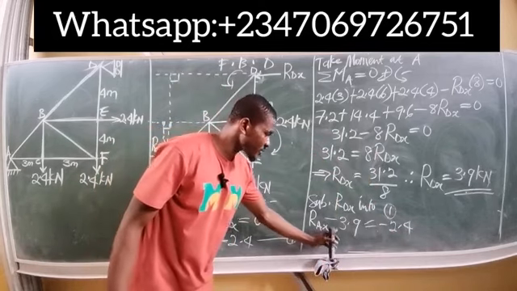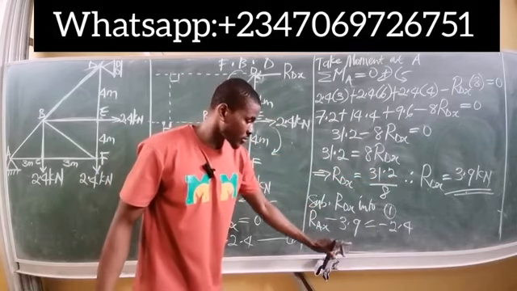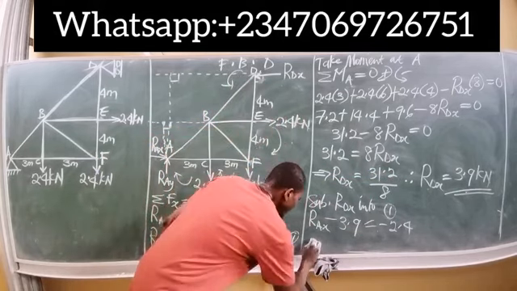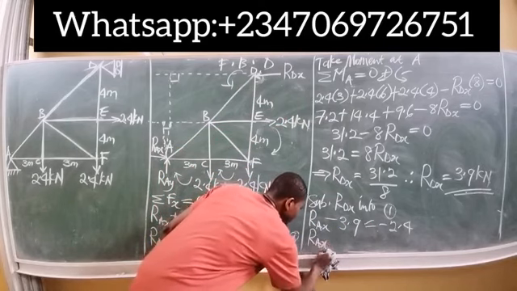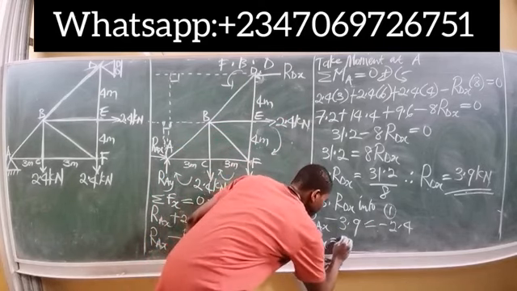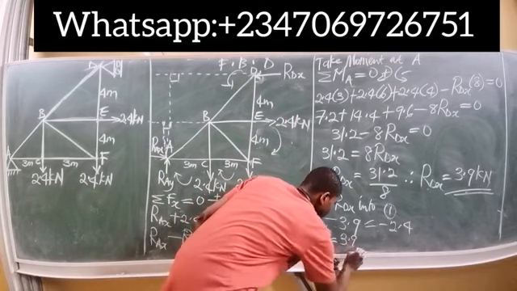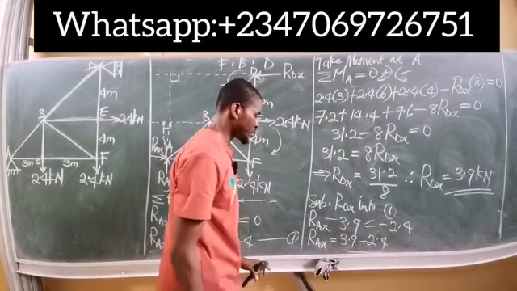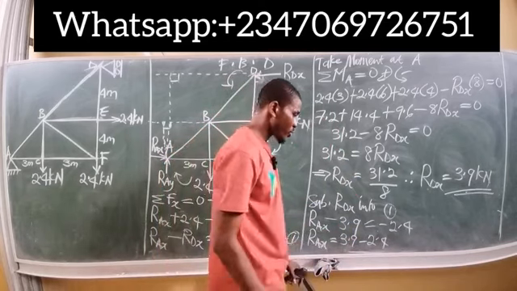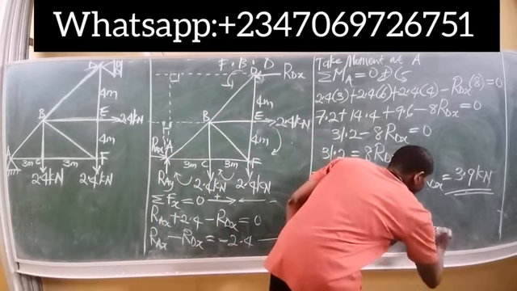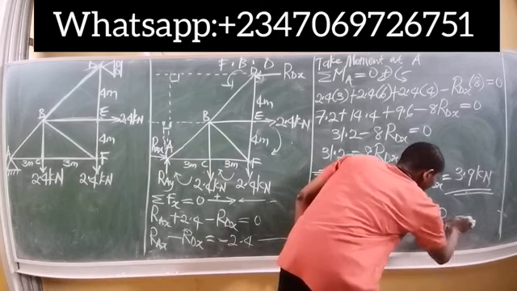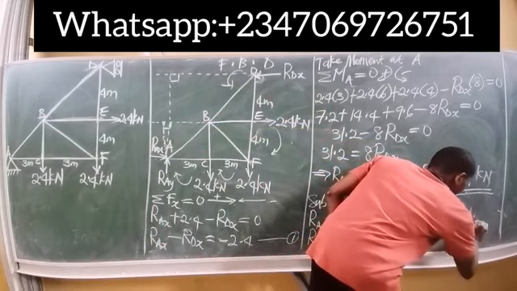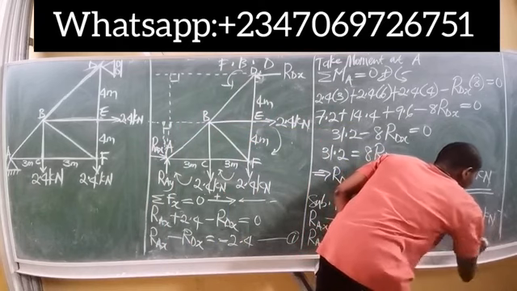So we simply send minus 3.9 over to this side of the equation. Negative sign crosses an equal to sign becomes positive. So you have RAX to now be equal to 3.9 minus 2.4, because we have minus 2.4 here. And of course, 3.9 minus 2.4 will simply give us that RAX is now equal to 1.5 kilonewtons.